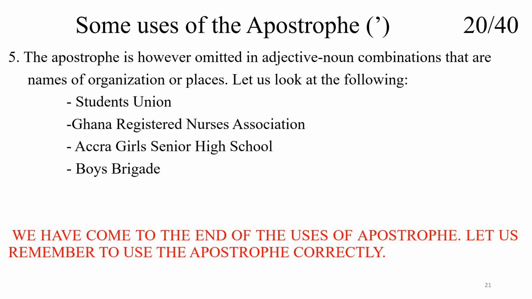Maybe we want to say that the union belongs to students, and so we're expecting an apostrophe in front of the S. We are saying that if there is an adjective noun, so now the students here is no longer considered as a noun. It becomes an adjective qualifying the noun union, and so we no longer use the apostrophe in front of the S.